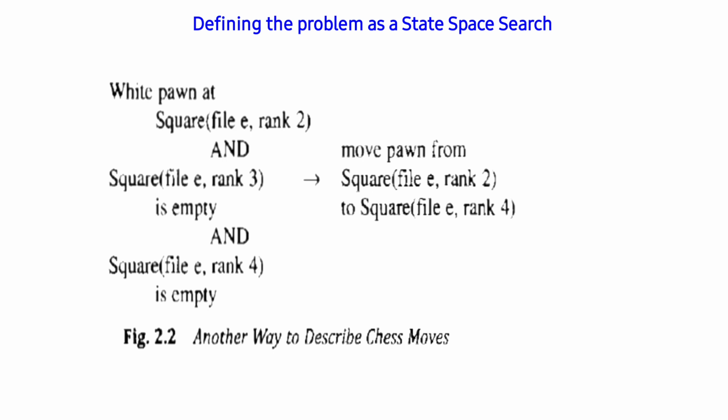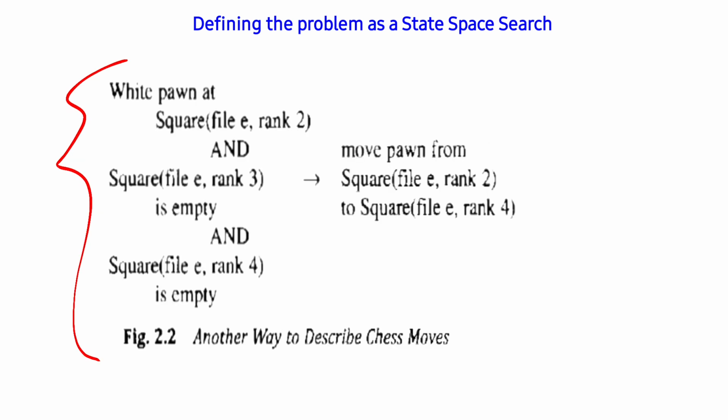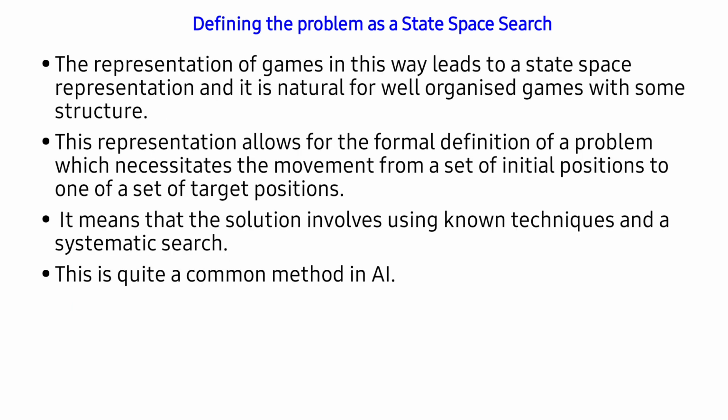So this chess move can also be represented in another way, like this: white pawn, square, which position is being placed and in which it is empty and which rank can be given. If this is the condition, you can apply this to move the pawn to another square. Like this you can write the rule. Either you can store it in this form or give it in this representation.